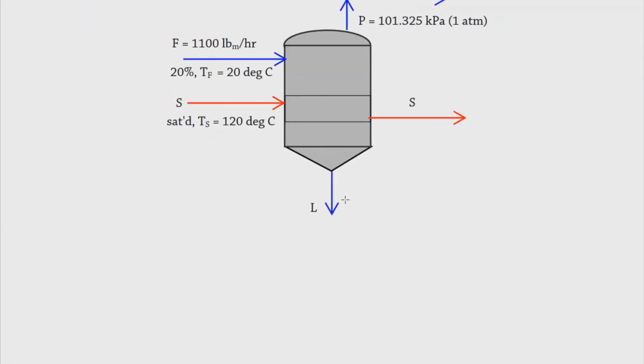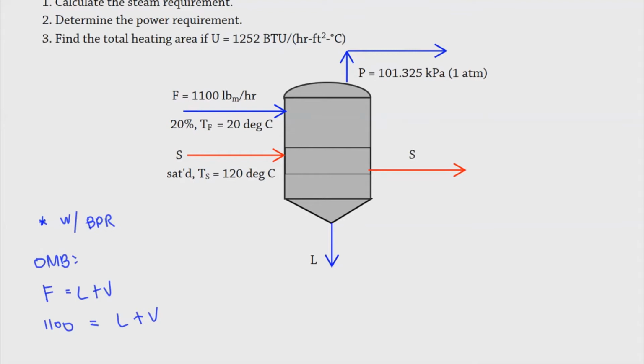This is just a single effect, but it has a boiling point rise in this case, so let's write BPR so that we don't forget it. The overall material balance is F equals L plus V, wherein F is equal to 1100, and L is not known, as well as V. I forgot to write V here, so let's just write the vapor.